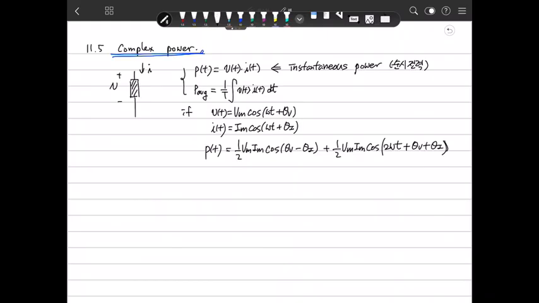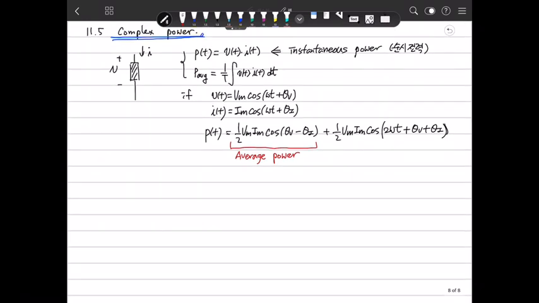The first term is the average power. We call the whole expression the instantaneous power.